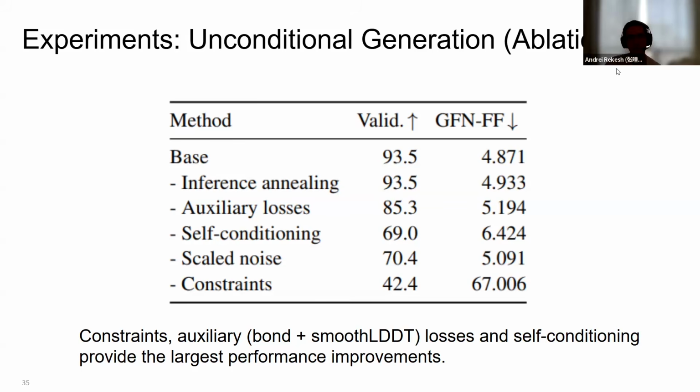Yeah, I guess the way this graphic should be read is the base model includes everything, and each row down is the performance after you remove the method on the left. So minus inference annealing, GFN-FF goes up a little bit. Minus auxiliary loss, validity goes down from 93.5 to 85.3. I see. Yeah. Thank you.